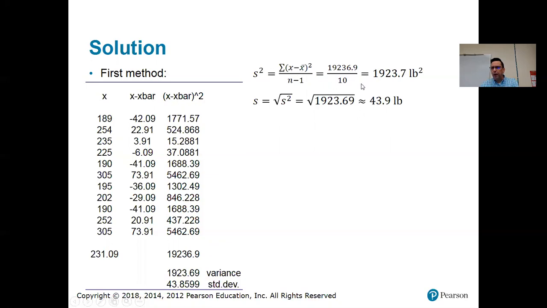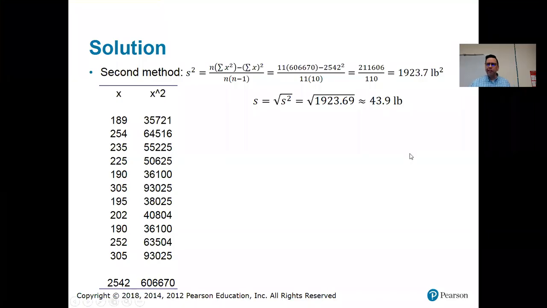You divide that by 1 less than the sample size, you get that the variance is 1,923.7 pounds squared. All right. So variance has those weird units. And then to get the standard deviation, you take the square root of the variance, and to 1 decimal place, the standard deviation is 43.9 pounds.